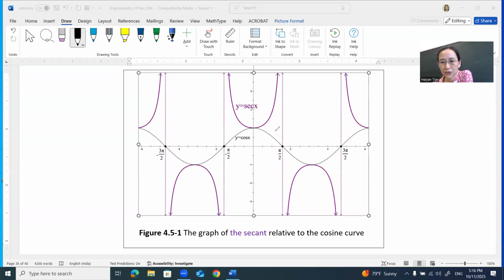So this picture shows we just draw the basic cosine function. Then we use the graph of cosine to sketch the graph of the secant function. Let's use the red color to show it, from 0 to 2 pi.